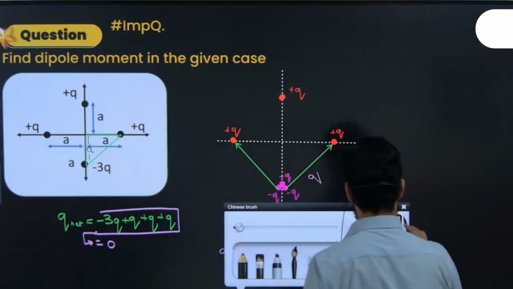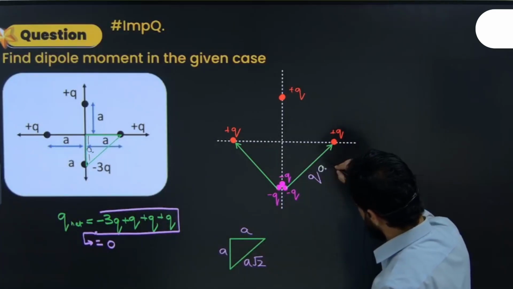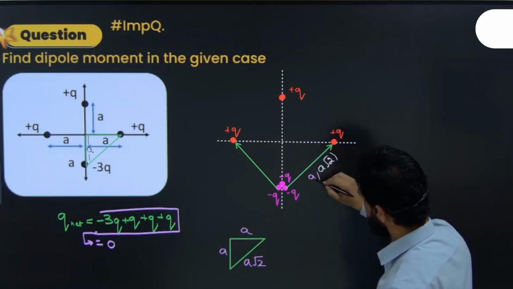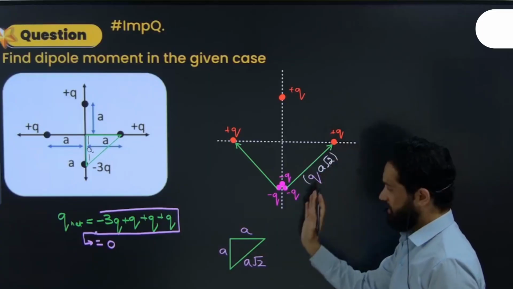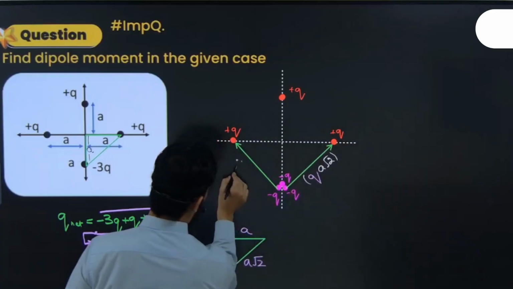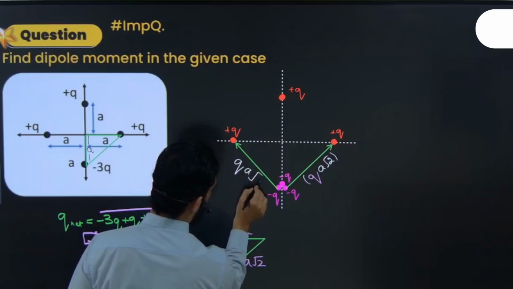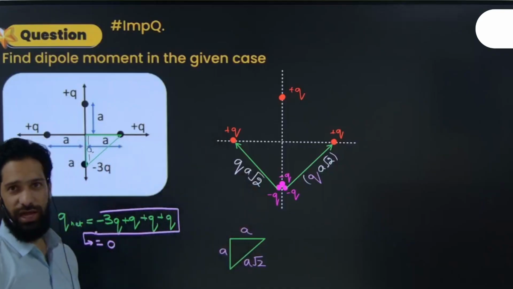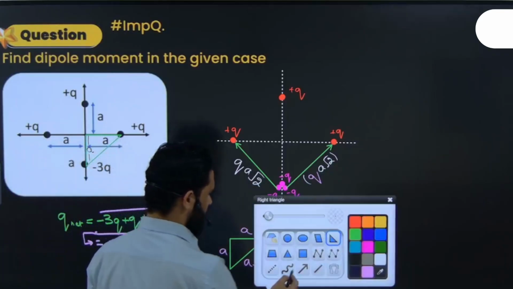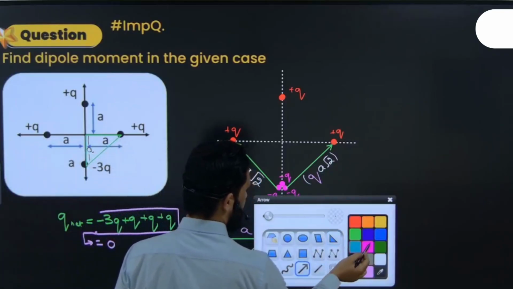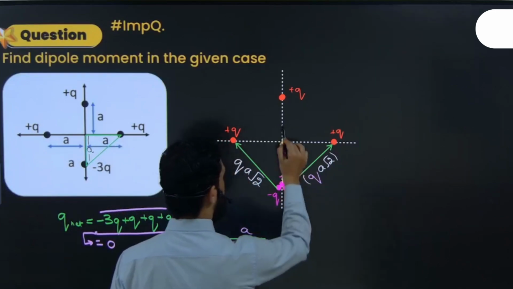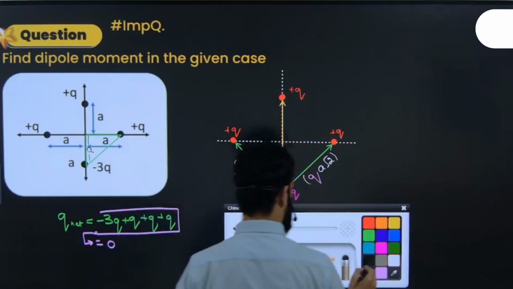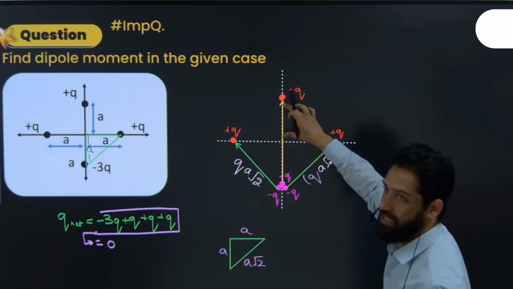So now we see what the distance is. It is a under root of 2. So this is the dipole moment here. The same will be going this side, q into a into under root of 2. So there are 2 dipole moments, and one more dipole moment, from minus q to plus q. What is the length of this dipole? It is a plus a, double of a.